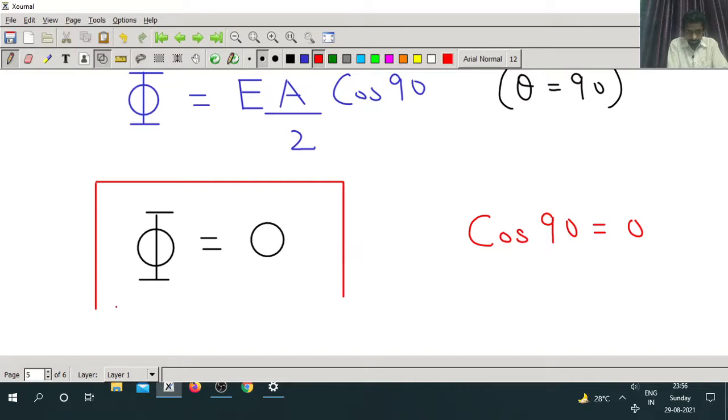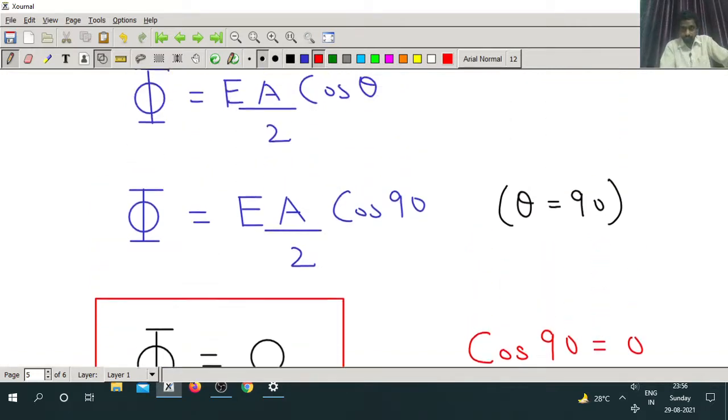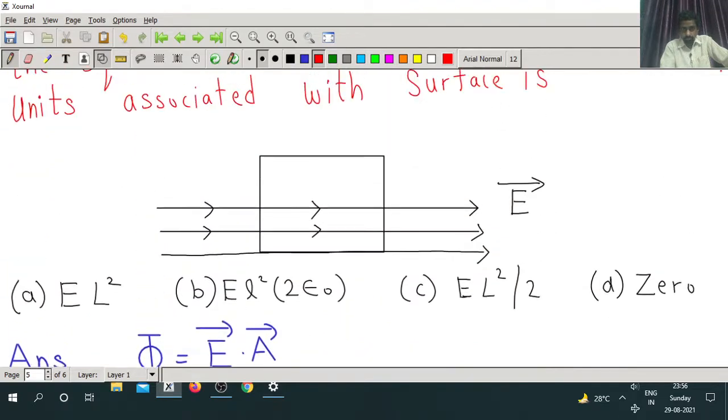Clearly we can see in the diagram that no line is passing through this area, because the angle between area vector and E vector is 90 degrees. So the answer to this question is D.